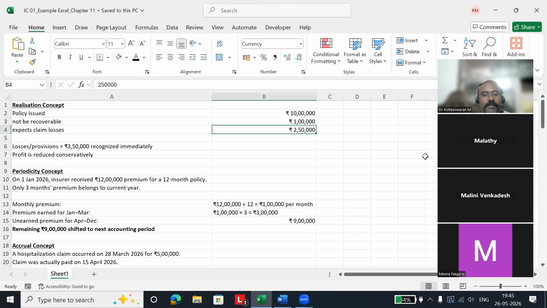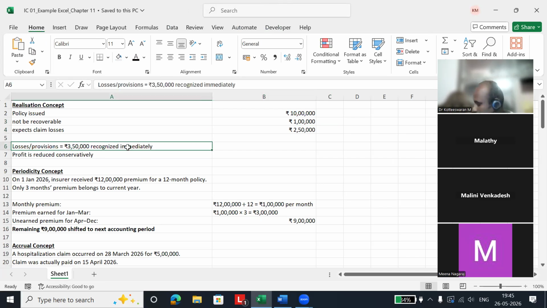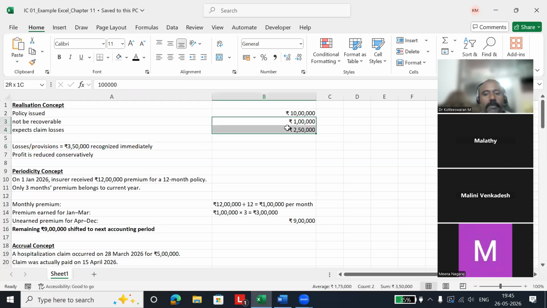Expected claim losses: we are expecting a 2 lakh 50,000 rupees claim. In the book of accounting, we will add the losses, and we'll add the not recoverable also. So 1 lakh plus 2 lakh 50,000.